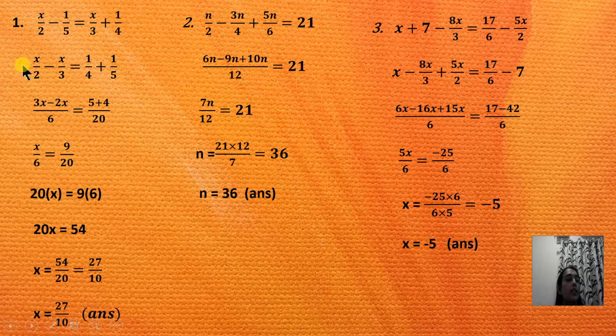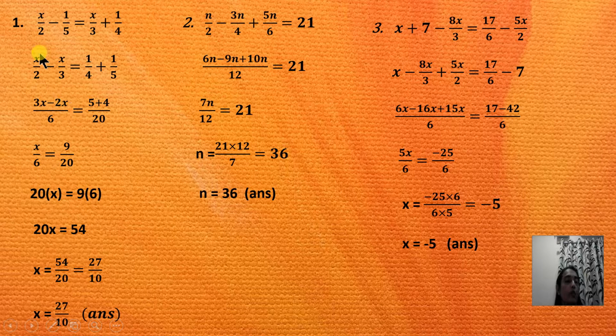Now we take LCM. Children, now we will take it directly. LCM of 2 and 3 is 6. So you multiply this x with 3, because we have to convert the denominator into 6. So naturally 2 3s are 6. So 3 into x is 3x minus 3 2s are 6. So 2 into x is 2x. So 3x minus 2x upon 6.